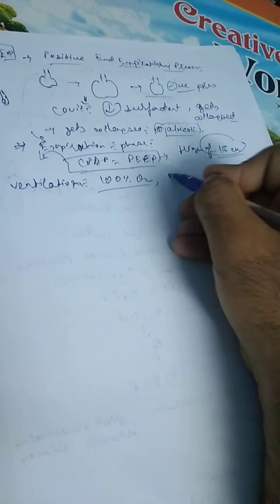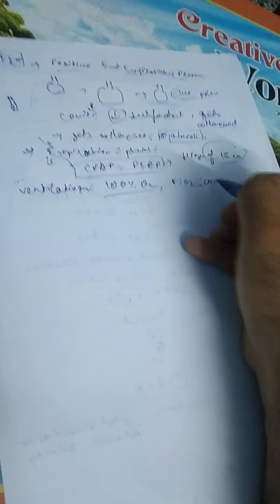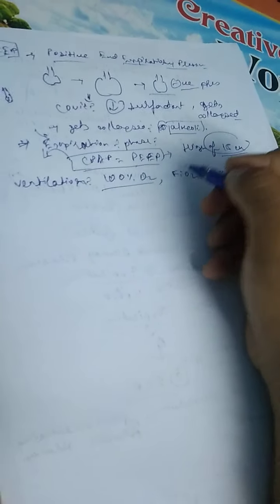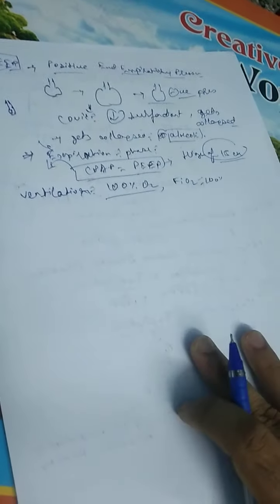So FiO2 of 100%, and then we would see the response: how the patient does, and then we take an ABG, arterial blood gas, and we'd see how the PaCO2 and analysis. I'll tell about it further.